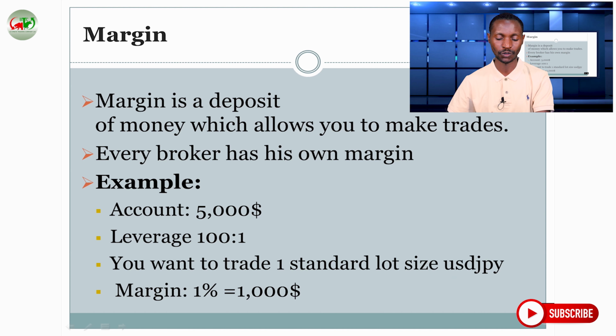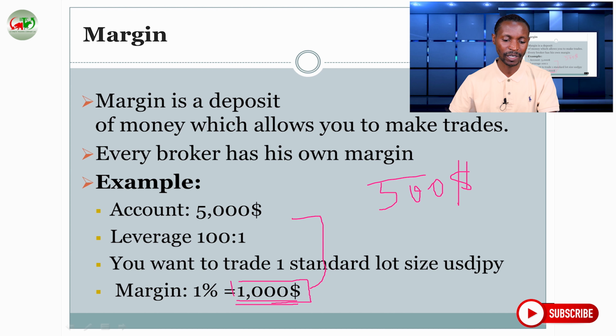In case you win, because this money is not a fee, it is a deposit, if your trade goes as planned, this money will be returned to your account after you close the trade, and the profit will be added to the balance. Let's say you trade this pair and it goes well, and you make a profit of $500.